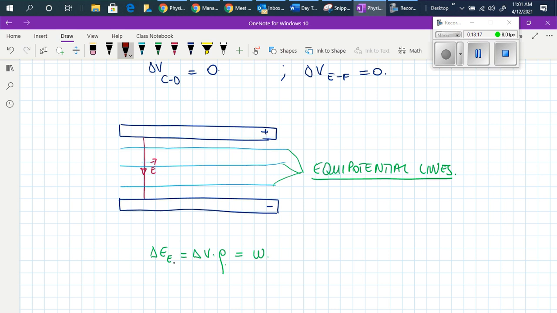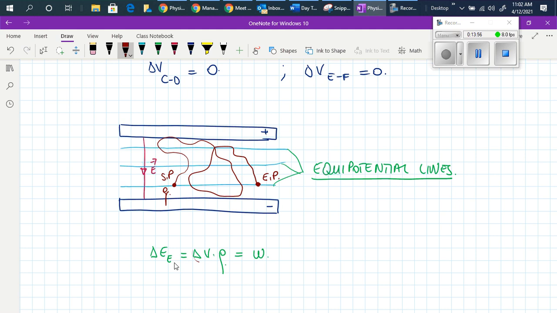This tells us that when we have a charge Q that starts at the starting point here and goes around between the two parallel plates, but ends at the same equipotential line end point here, then the work done on the charge or by the charge is equal to 0, because the change of potential difference between the starting point and the end point is equal to 0.